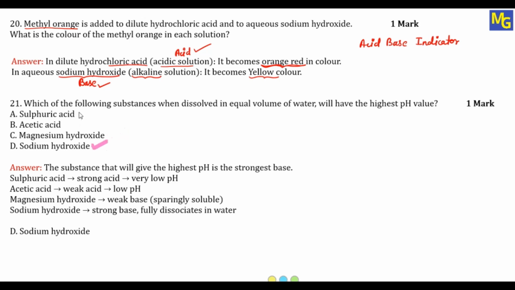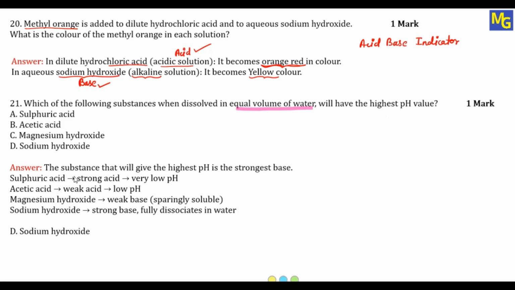A and B are both acids and C and D are both bases. Sulfuric acid is a strong acid, acetic acid a weak acid, magnesium hydroxide a weak base, and sodium hydroxide a strong base. Out of these four, which one, when dissolved in equal volume of water, will have the highest pH value? That we have to tell.